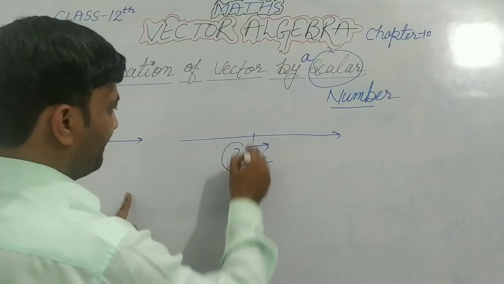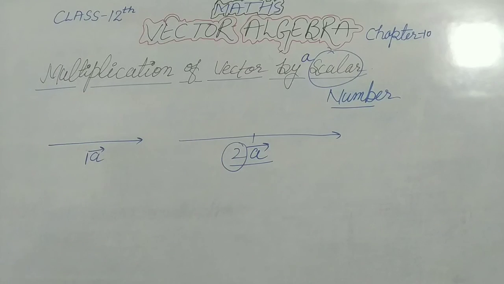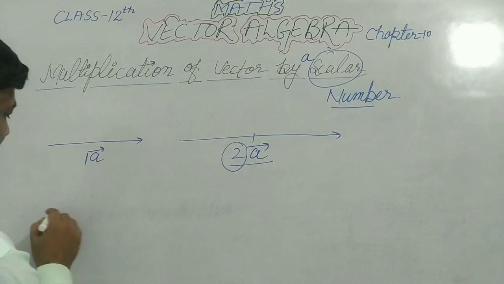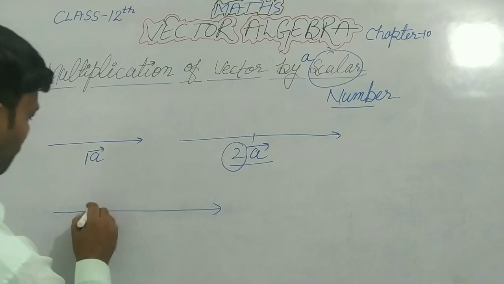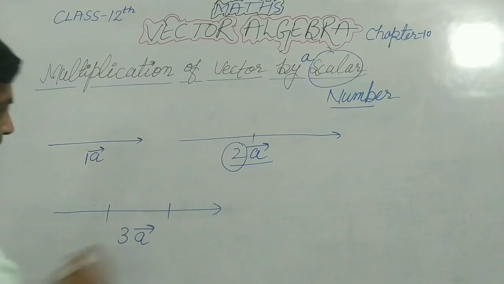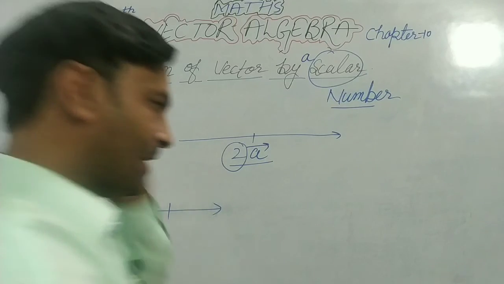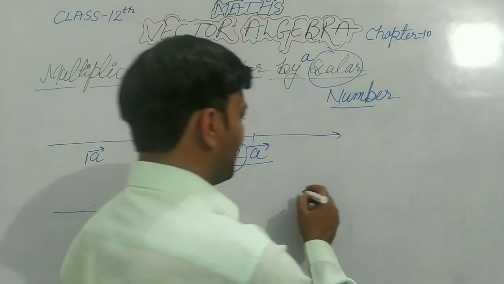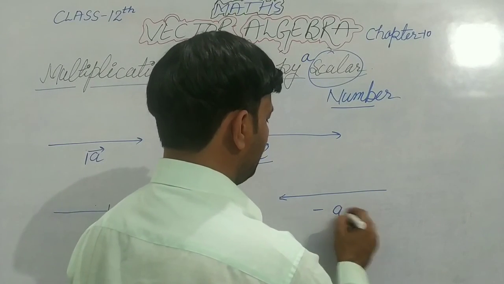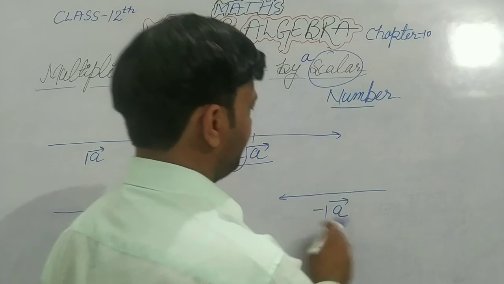So we multiply here by 2 as a scalar. If we multiply this vector a by 3, we will get the vector 3a, isn't it? So if we multiply this vector a by minus 1, we will change the direction of this vector.